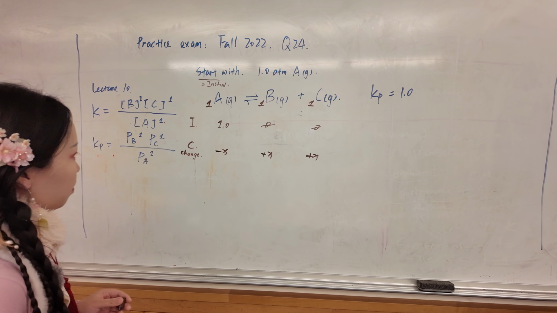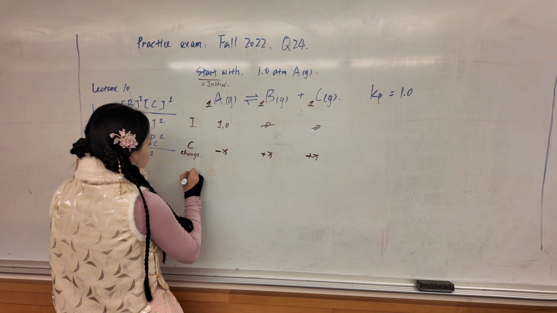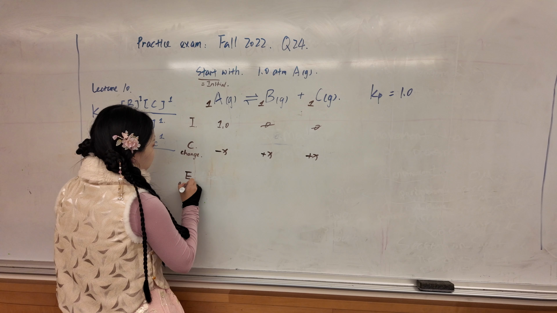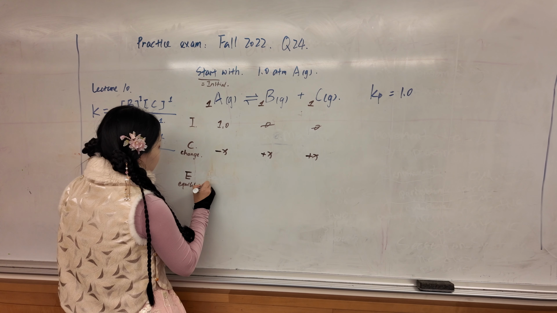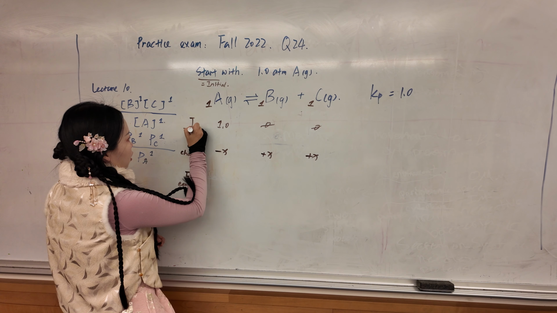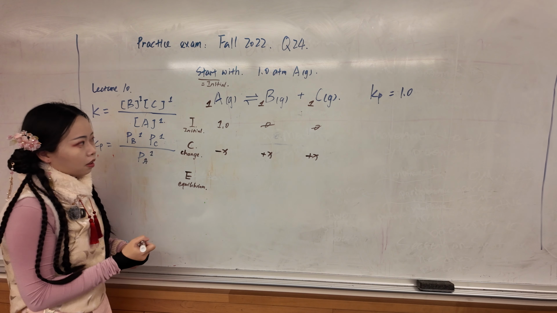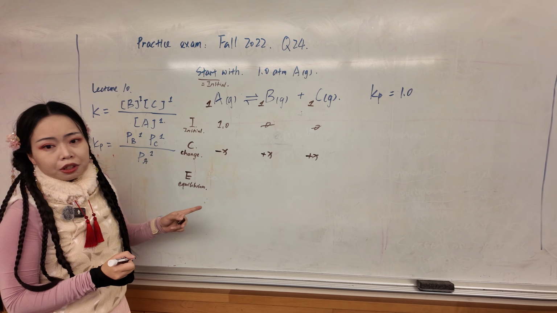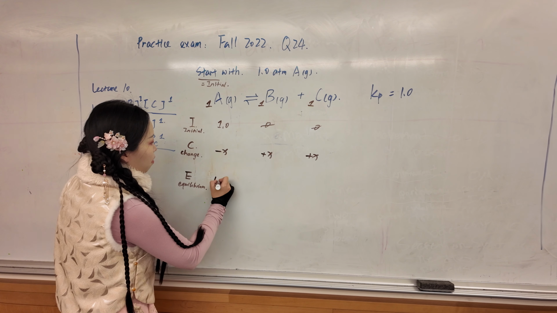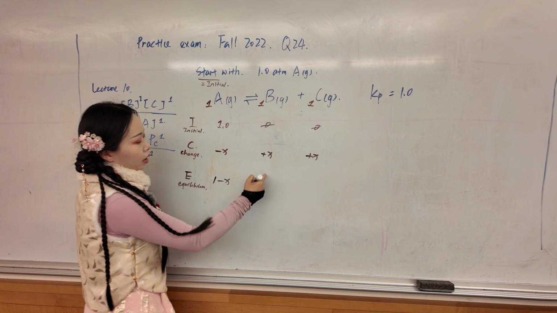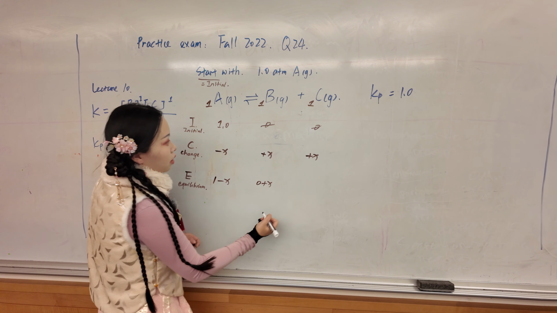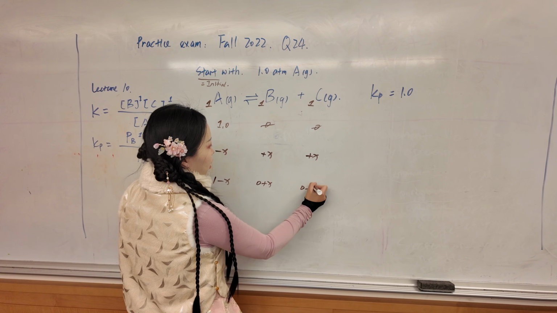All right. And then E for equilibrium. When I reach equilibrium, I will have 1 minus x here, and here will be 0 add x, and 0 add x.